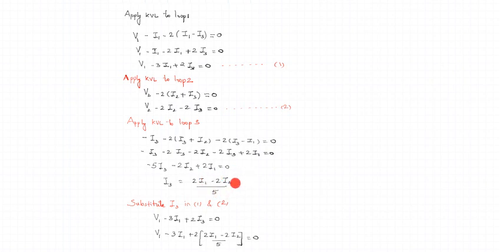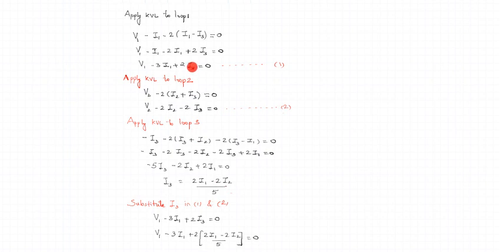Now, following the same procedure as done earlier, we replace the I3 term from equations 1 and 2 by substituting I3 in terms of the new relation we have got, 2I1 minus 2I2 by 5.